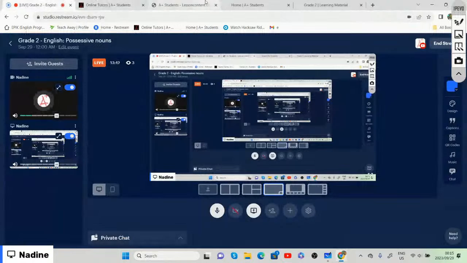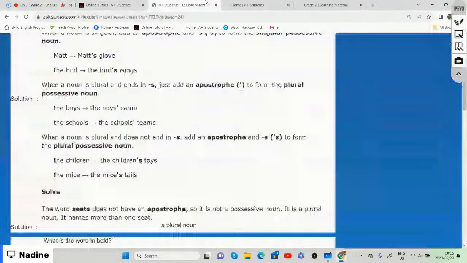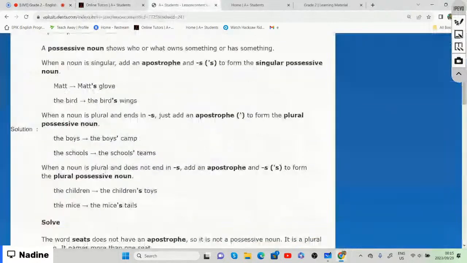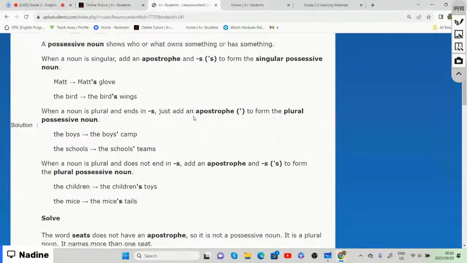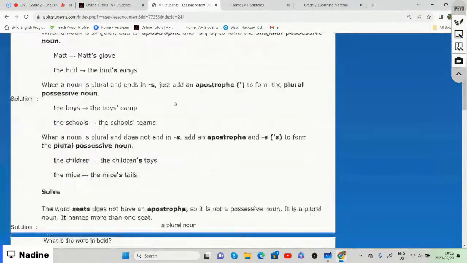All right. And then if we look at another example, of the schools, remember we said if we make mention of more than one, then it is plural, right? So if we are talking about the different teams of the schools, we will say schools' team.